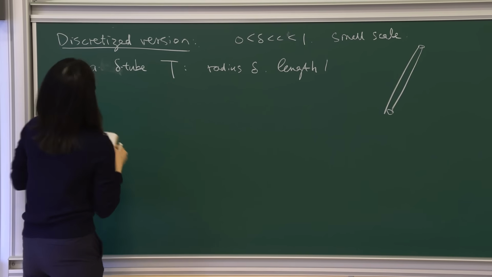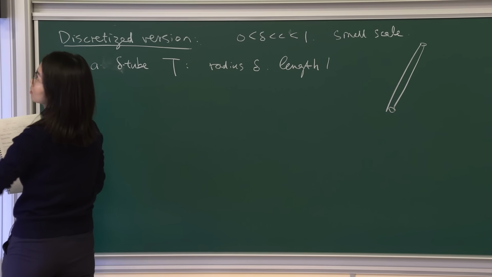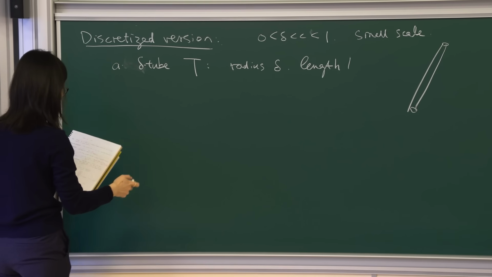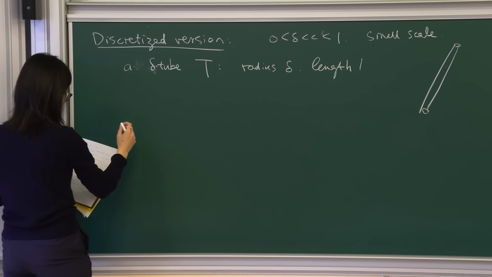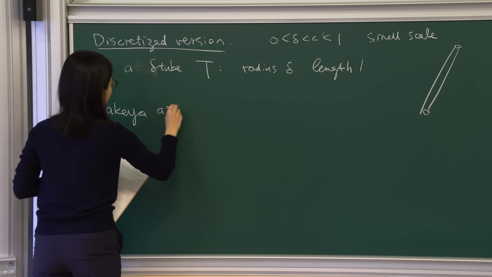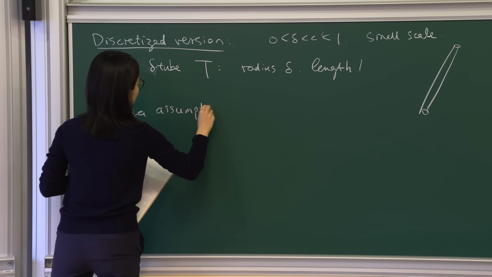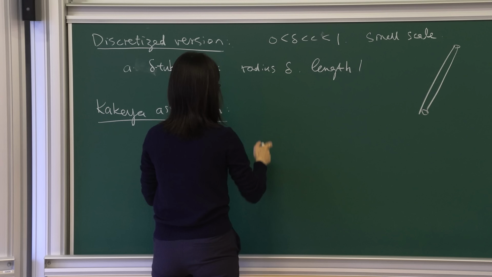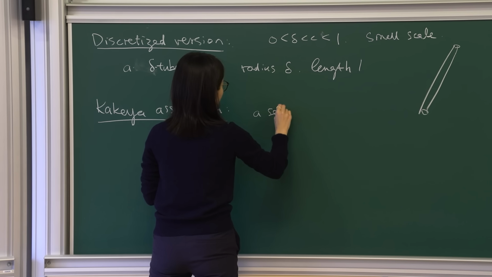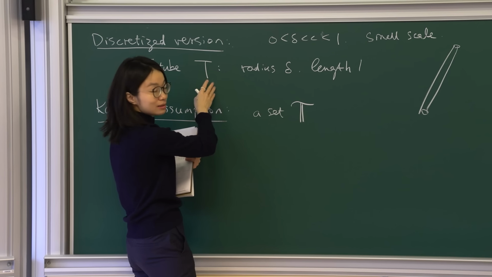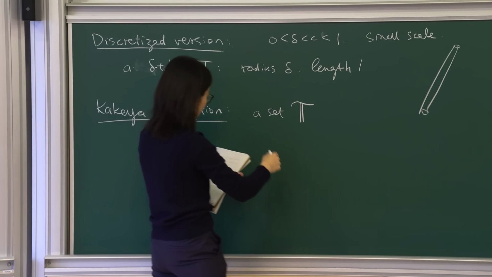So what does this Kakeya set look like after thickening to scale delta? We have this Kakeya assumption. This blackboard T means a set of delta tubes, and this T means one delta tube.